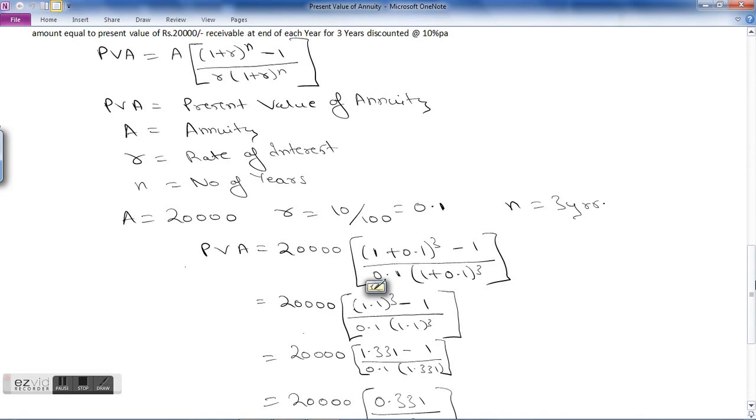The only thing is, in case of the formula, you need to remember it by heart. In the first case, we think logically about what the annuity is and what the present value is, and accordingly calculate the factor to which the annuity needs to be multiplied.